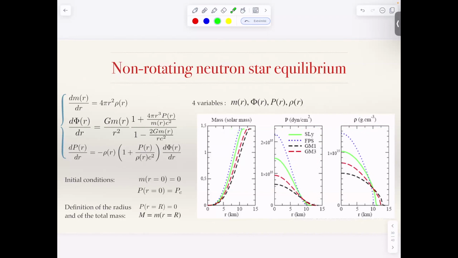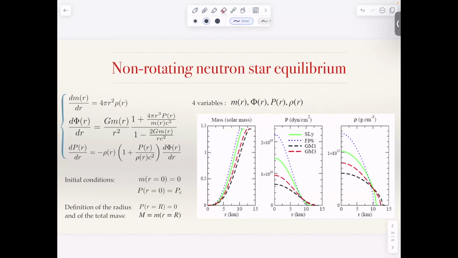Because you have different equations of state, you predict that for the same mass, the different systems will have different radii. So in a way, this confirms what we were saying at the beginning, that measuring the radius will allow you to select some equation of state. So the radius translates the effect of the equation of state.